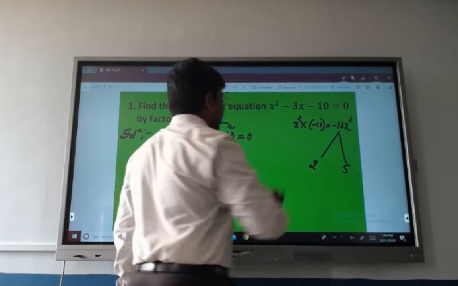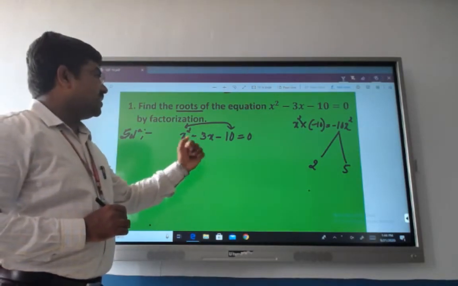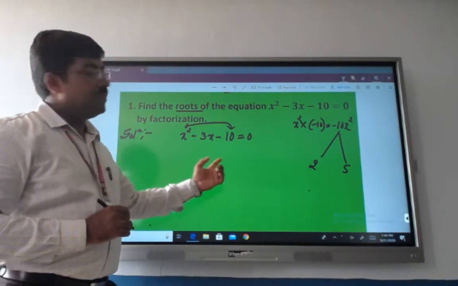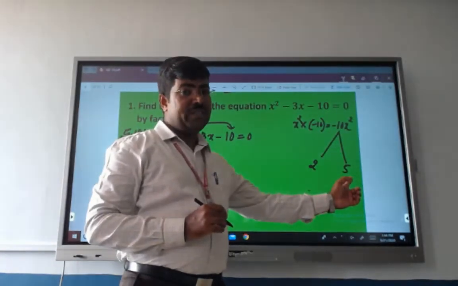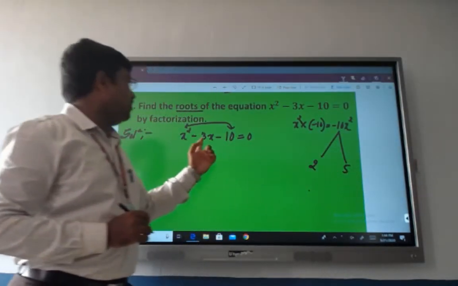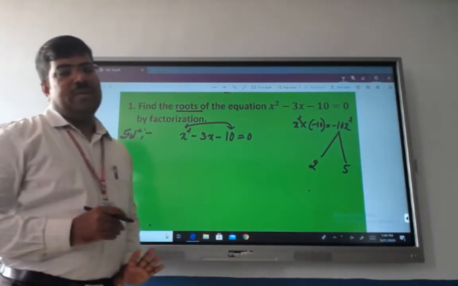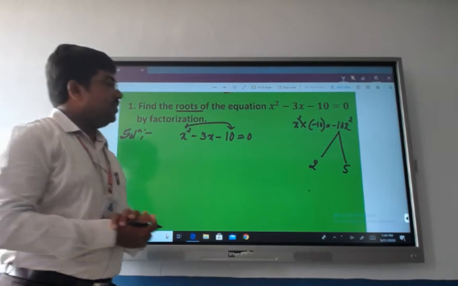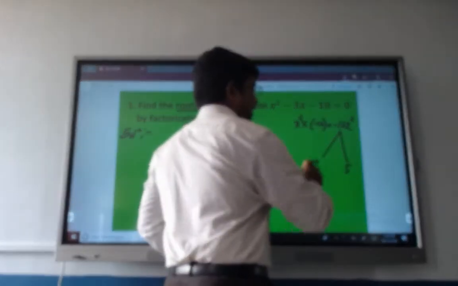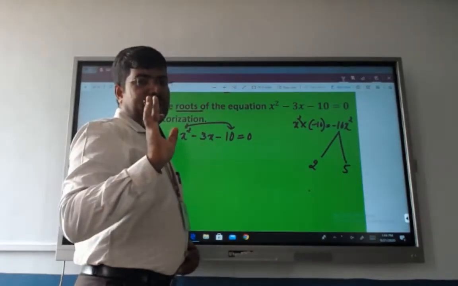But here a negative sign is there. Which one do we have to take negative? Here minus 3x is there. We need minus 3 when we add these two numbers and variables. And that product also should be minus 10x square. So here plus 2 plus 5, if you multiply these two, 2 5s are 10, we will get plus 10.